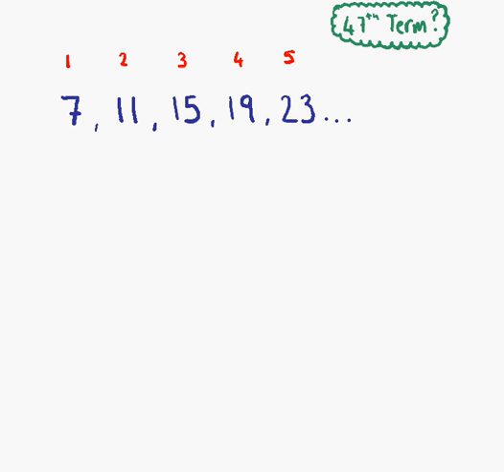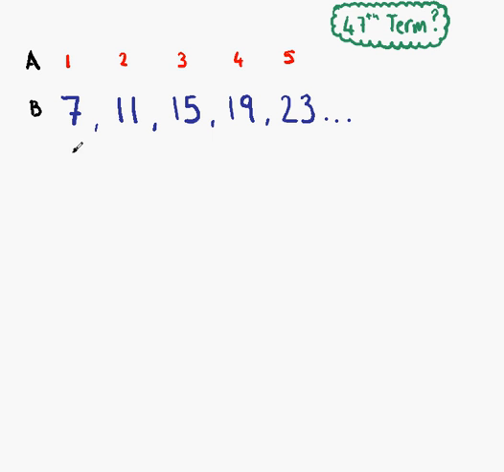Well, first of all, what we'll do is put down our term numbers. 7 is the first term, 11 is the second term, 15 is the third term, and so on. We'll imagine that we want to find the 47th term. So our first step to making our formula is to look for a pattern. In order to keep things clear in our head, we'll call the term numbers list A, and we'll call the terms themselves list B. So what we need to look for is a pattern.